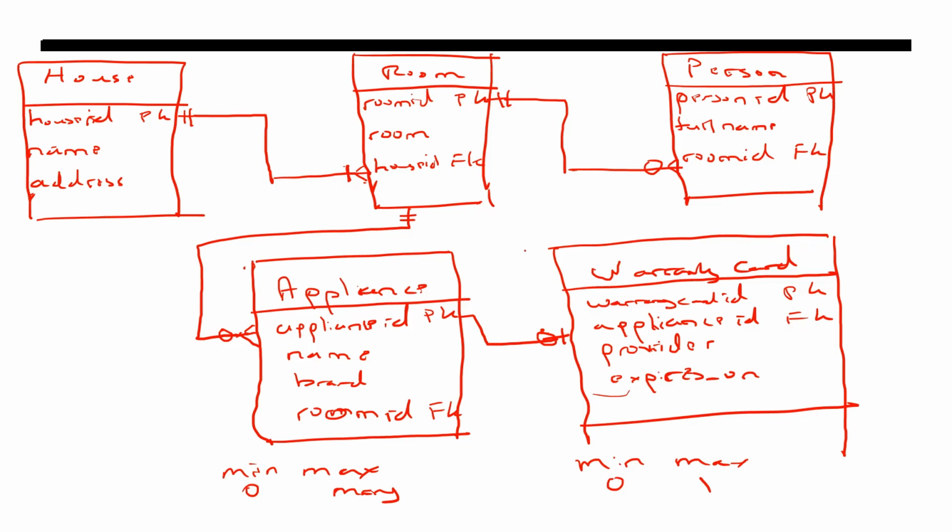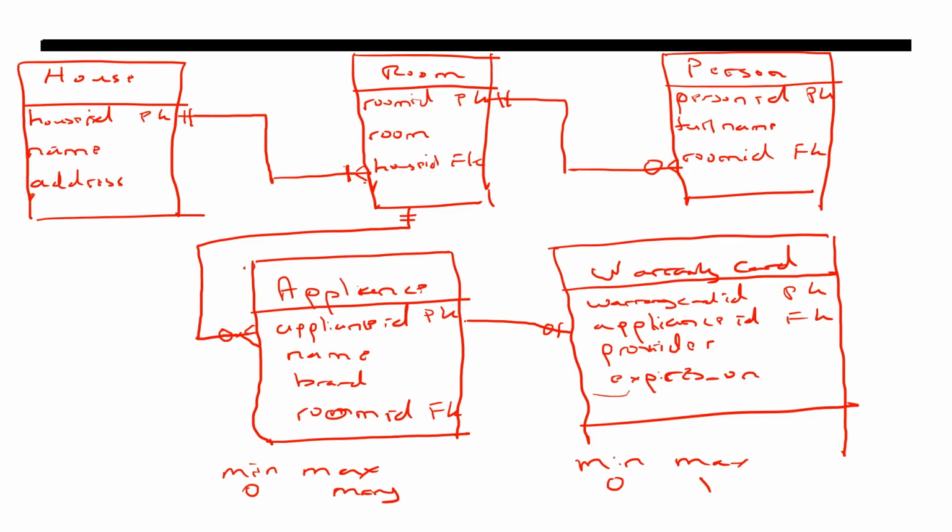On the other hand, the only issue I have here, maybe I will need to draw this again completely. Just give me a second. To make it easy, I will just make the connection like this, okay? So we have a 0, 1 notation here. And in this particular case, for the appliance, how many appliances can a warranty card have?